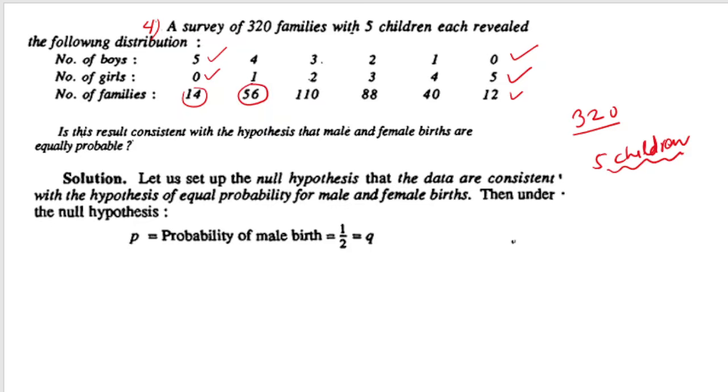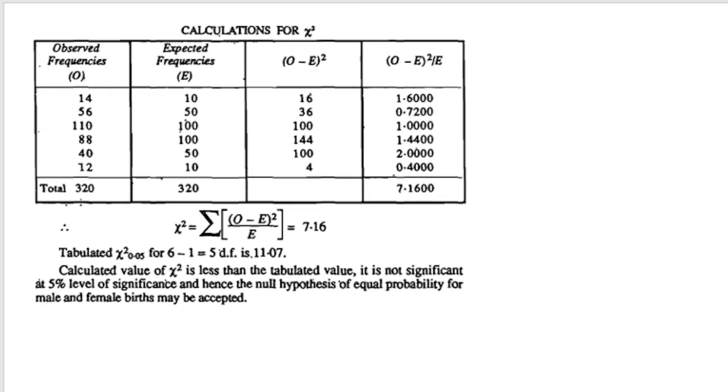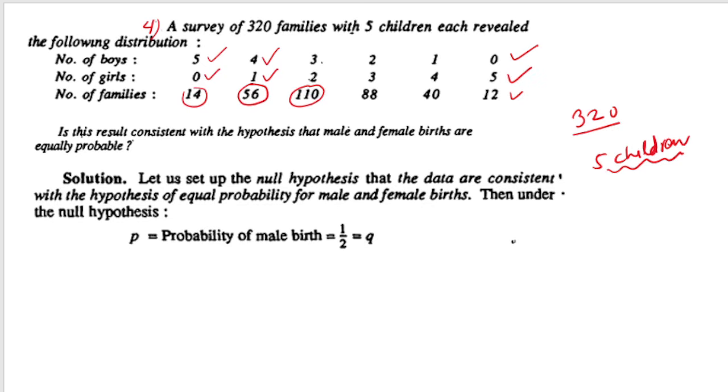We have 56 families which have 4 boys and 1 girl. We have 110 families with 3 boys and 2 girls, and so on. The question is: is this result consistent with the hypothesis that male and female births are equally probable? Right. So this is something that we have to find out.